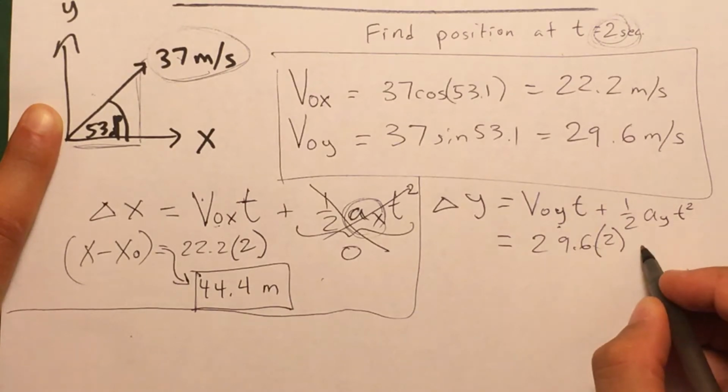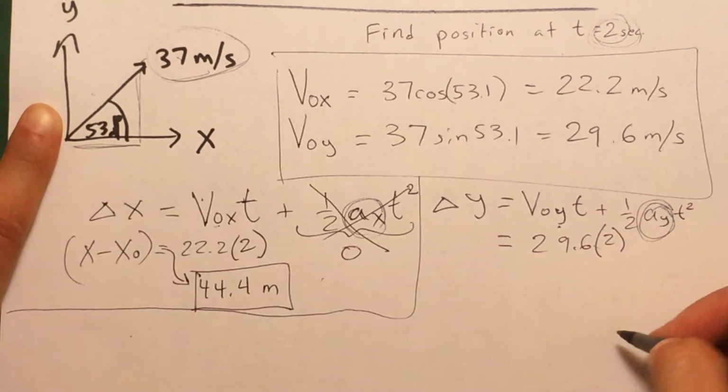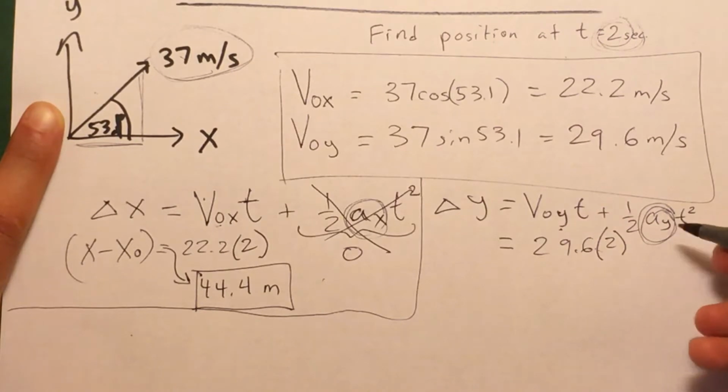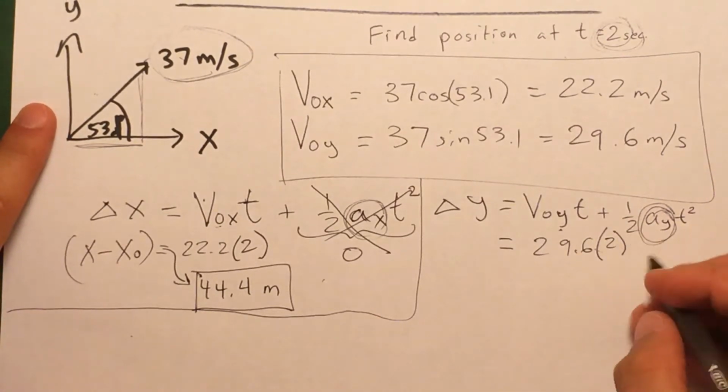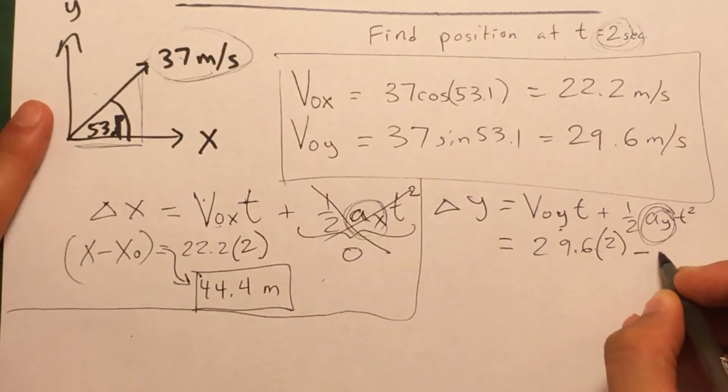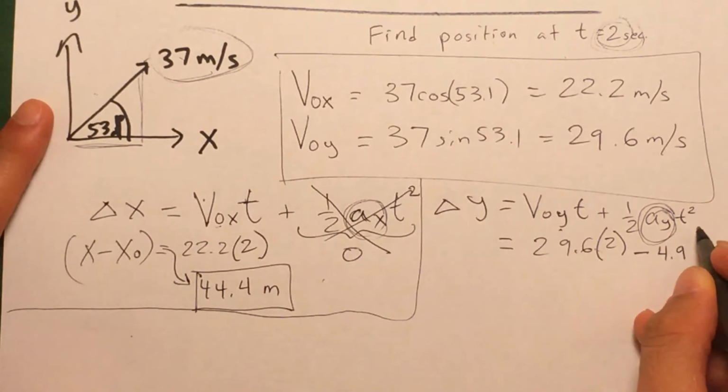The y component of the acceleration due to gravity is negative 9.8, so negative 9.8 times a half is negative 4.9, multiplied by 4 because of time squared.